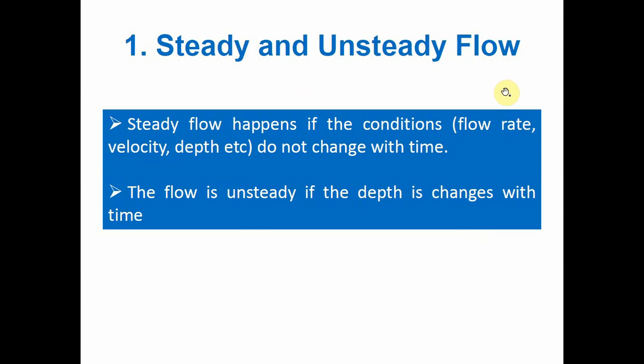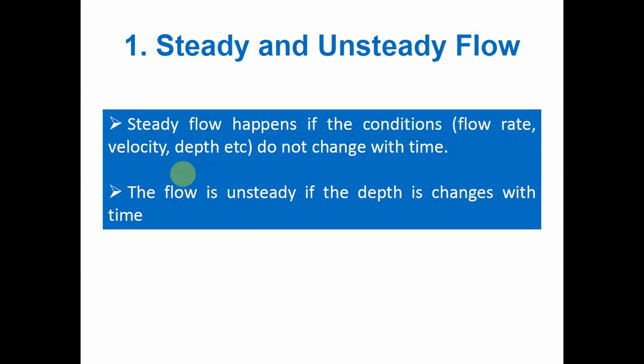So first one is steady and unsteady flow. The flow in open channel is said to be steady if the flow characteristics such as depth of the flow, velocity of the flow, rate of the flow at any point in an open channel flow do not change with respect to time.